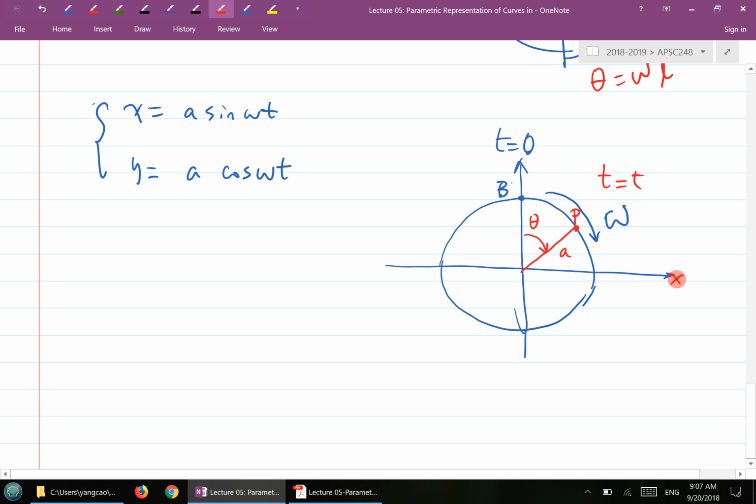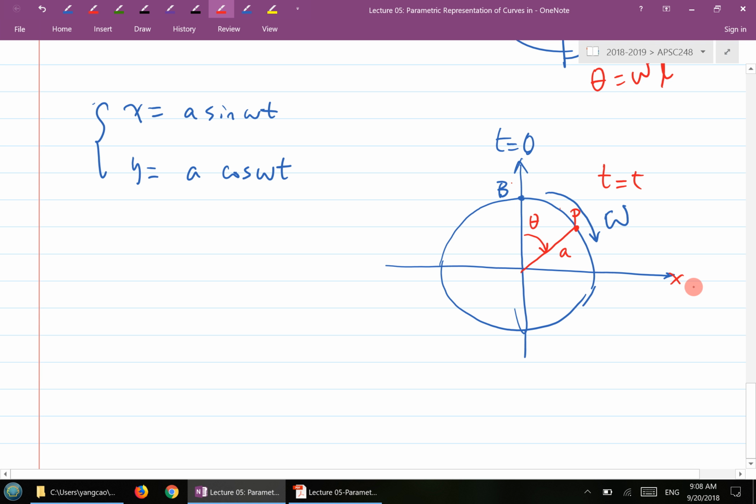So for the current point P, this is how much angle it has moved after a certain amount of time t. But what is the current angle of point P with reference to the x-axis?